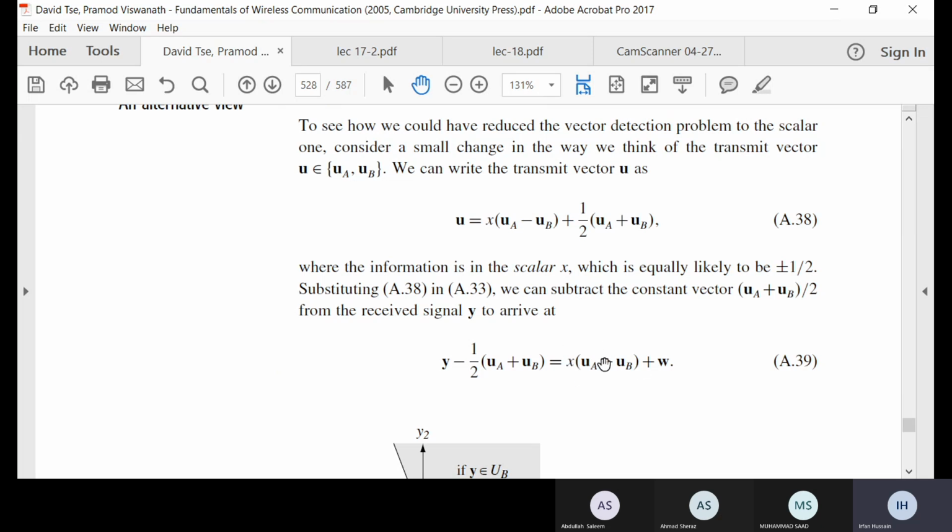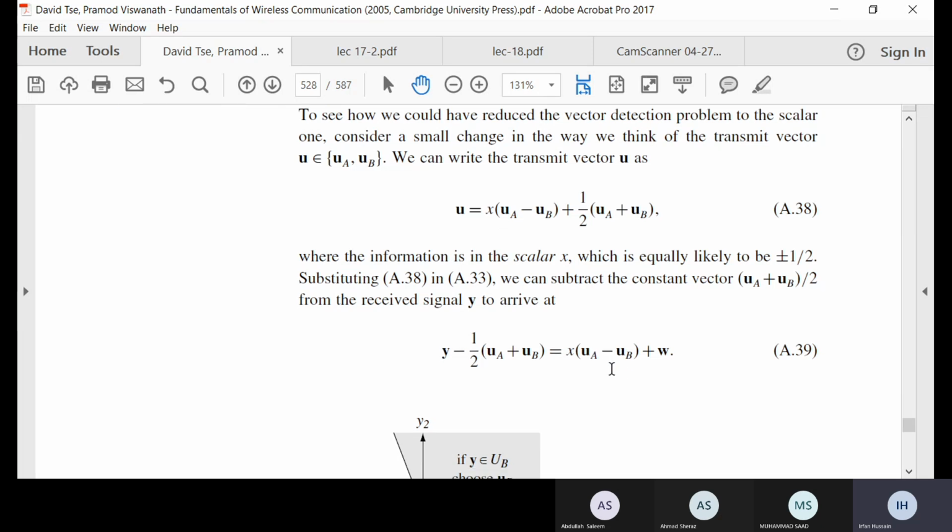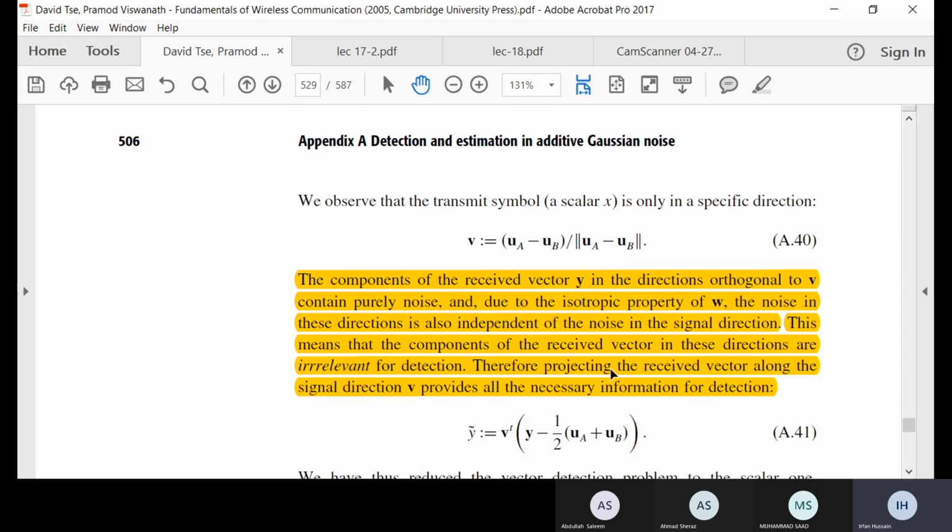My X is along this direction. If I normalize UA minus UB divided by its norm, this will be its unit vector. So I just need to focus on this direction, which is UA minus UB.